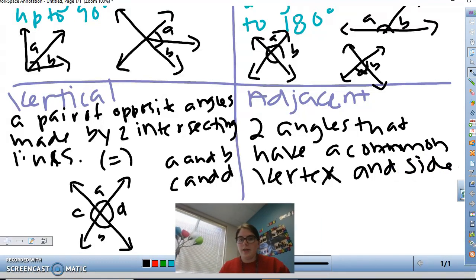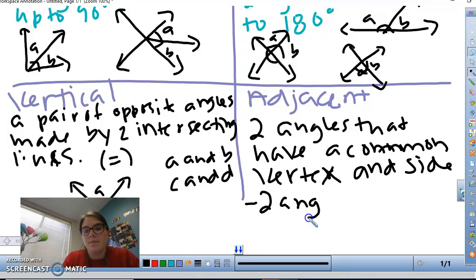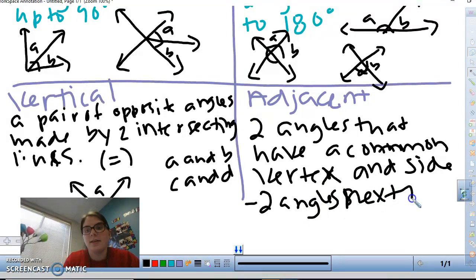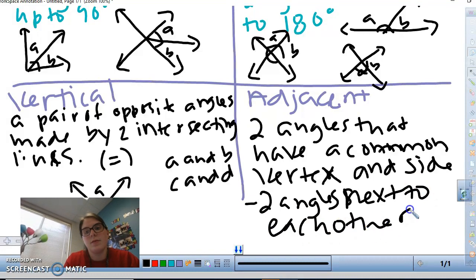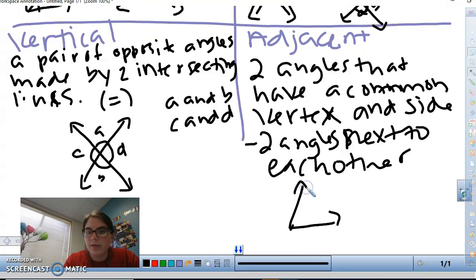What that might look like is basically just two angles next to each other. Let me scroll down a little bit more. If I had even this acute angle like this, and I said angle A and angle B are adjacent to each other because they're next to each other.